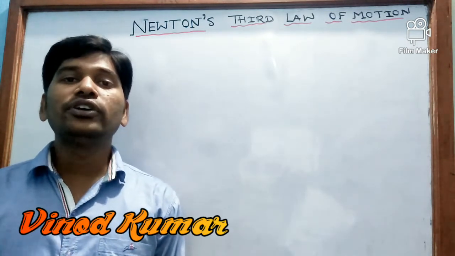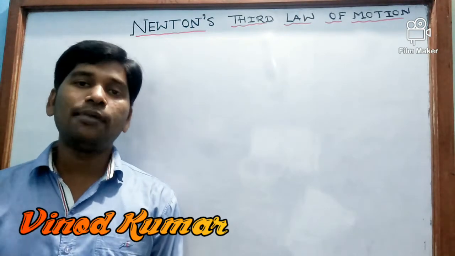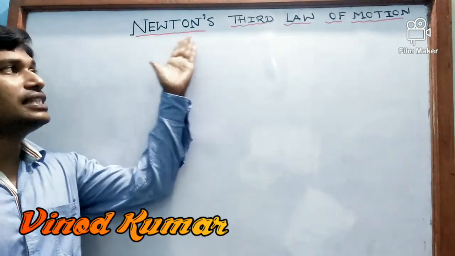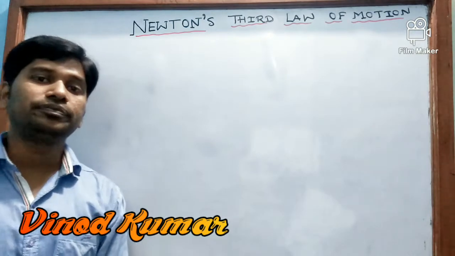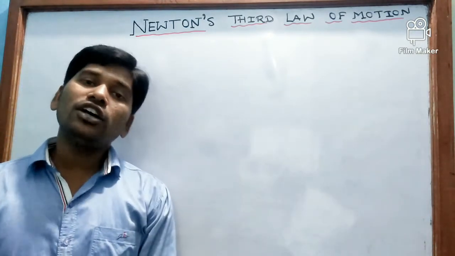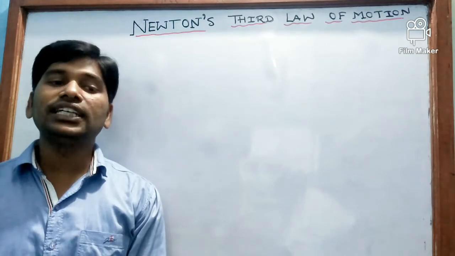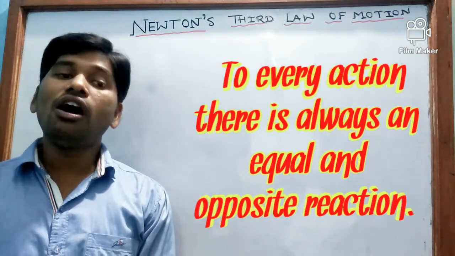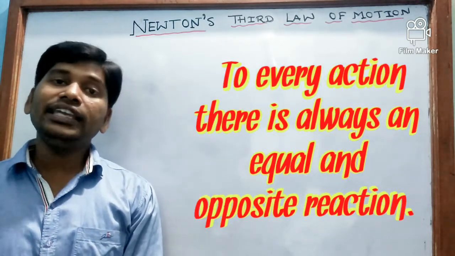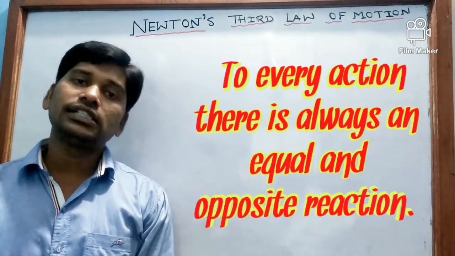In this video I am going to explain about Newton's third law of motion. According to Newton's third law, to every action there is always an equal and opposite reaction.